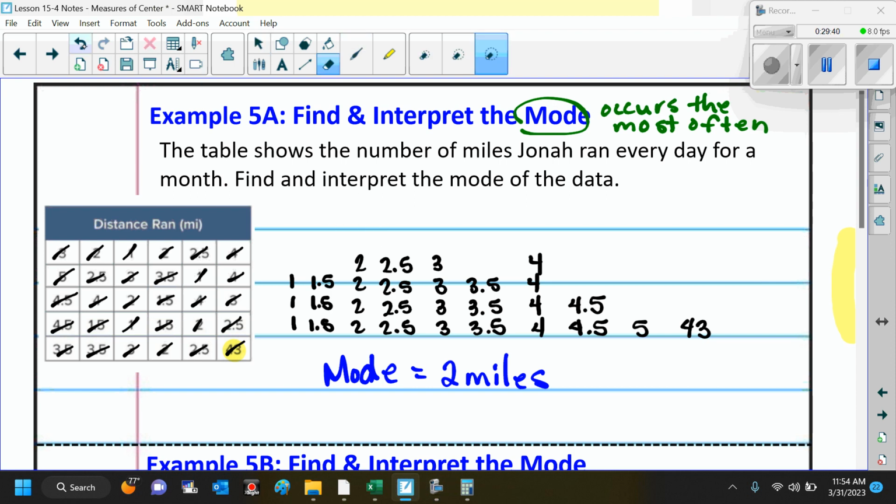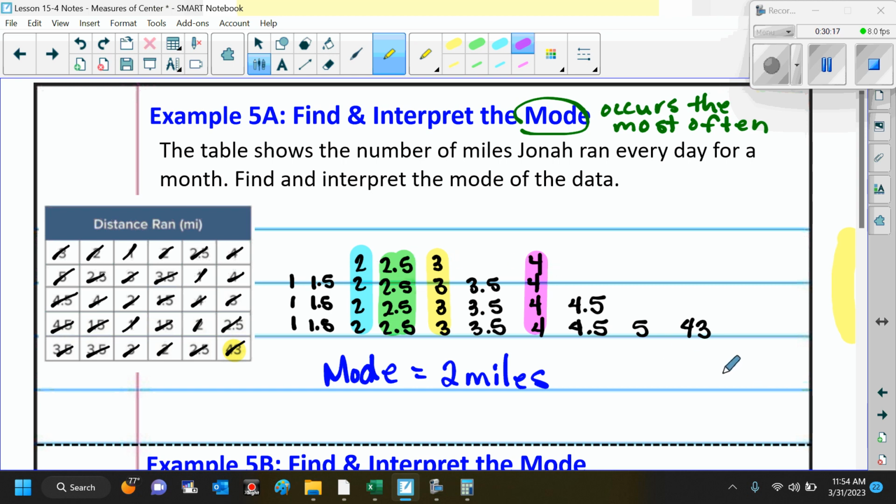Okay, we've got a 2, we've got a 2.5 that also has 4, we've got a 3, and over here column 4 has 4. If this is what the data looked like, then in this case there would be 4 modes.